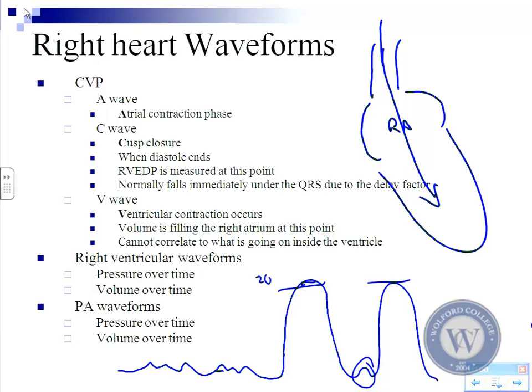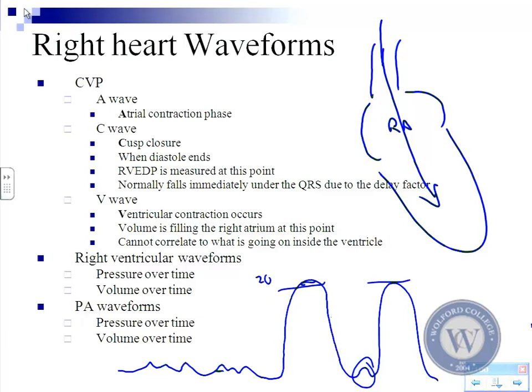Now you know you're in the ventricle because there's no dicrotic notch, period, none. There's no valve that gets in the way. As you get into the outflow tract, you eventually pass through the pulmonic valve into the pulmonary artery. As soon as you get into the pulmonary artery, you get what's called a step up.